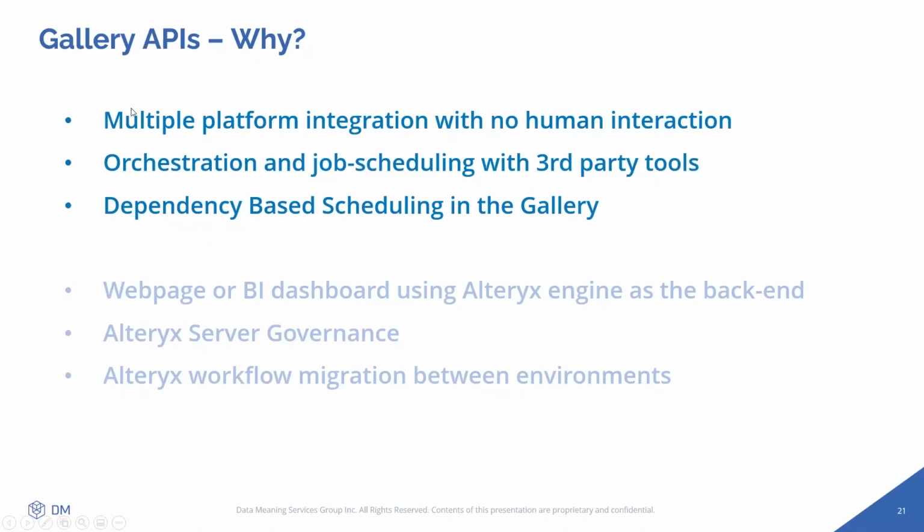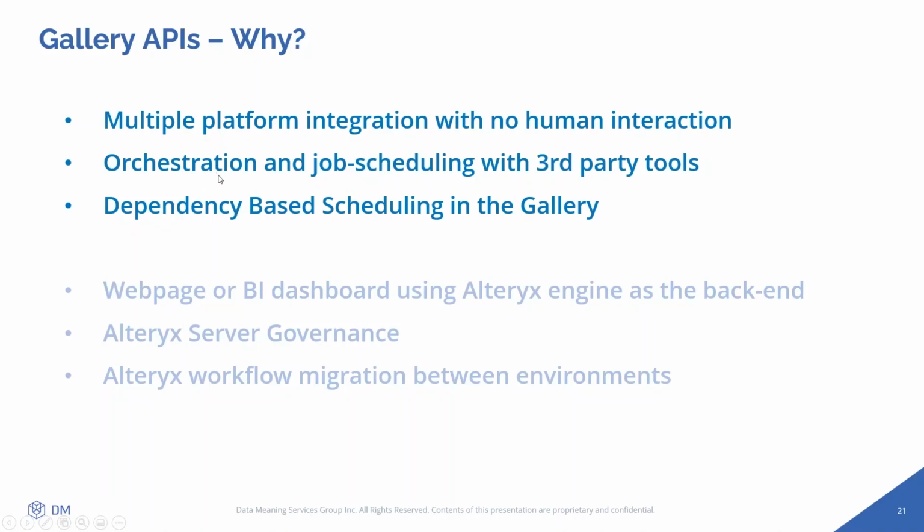You can integrate that with your system. Different systems can trigger Alteryx and collect the results of those executions. You can use orchestration tools or third-party job scheduling tools as well. And you can also use the APIs to chain workflows execution within Alteryx Server.